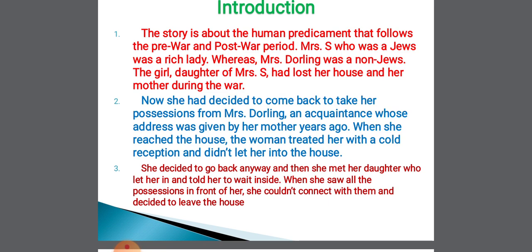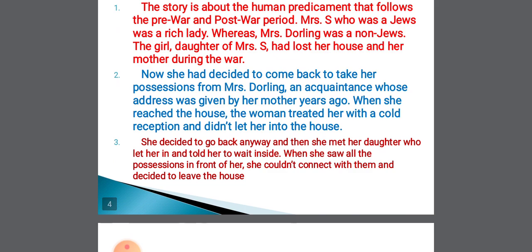When she reached the house, Mrs. Darling's house, the address of this house is house number 24, Marconi Street. The woman treated her with a cold reception and didn't let her into the house. Now there is a method in it. Why did she do that?